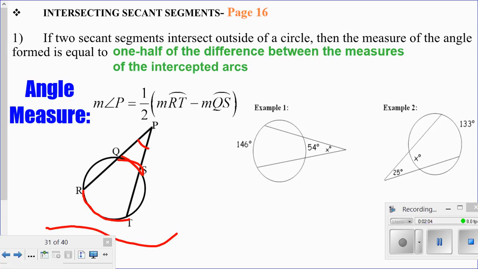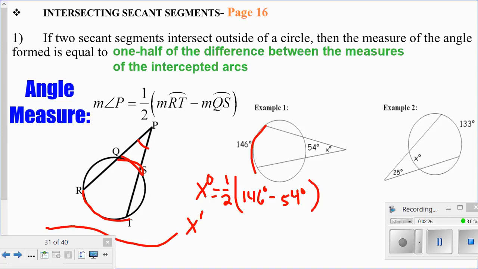So I know that the angle, which is x, is equal to half the difference between the larger arc, 146, and the smaller arc, which is 54.